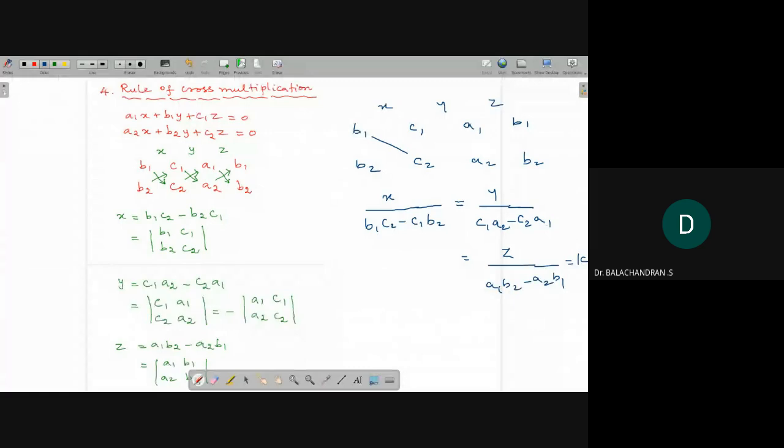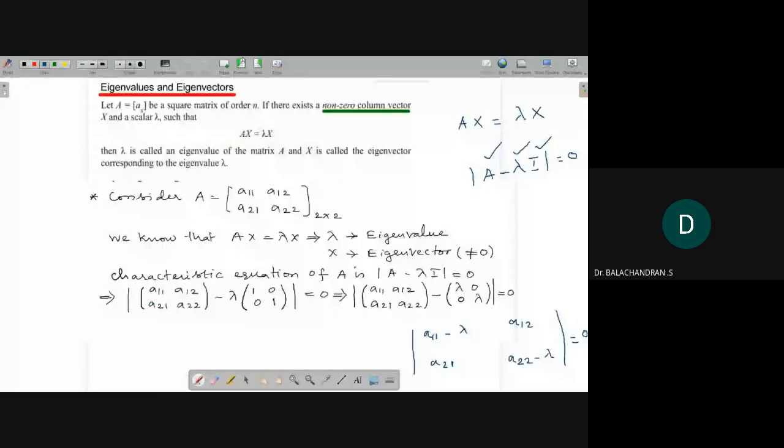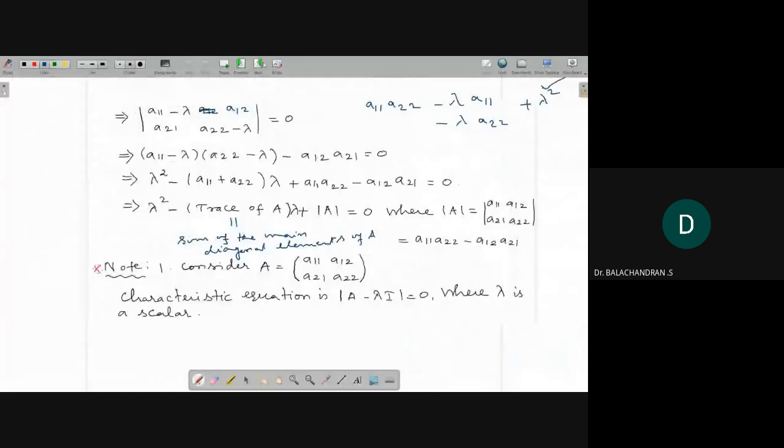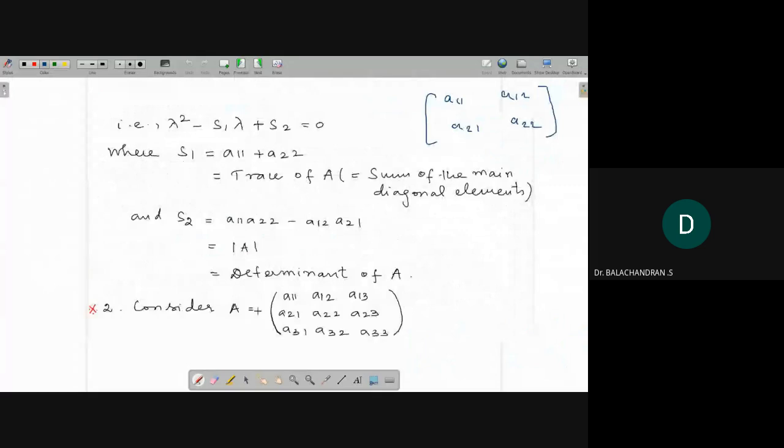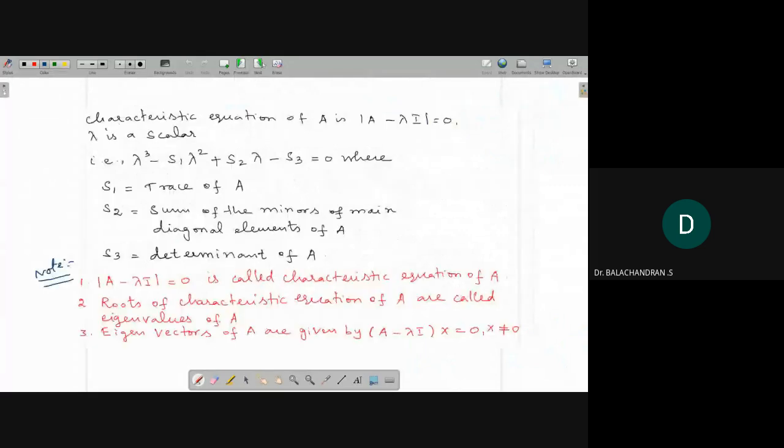So I explained what eigenvalues and eigenvectors are, then how to find the characteristic equation of a 2 by 2 matrix and of a 3 by 3 matrix, and finally I gave some notes.